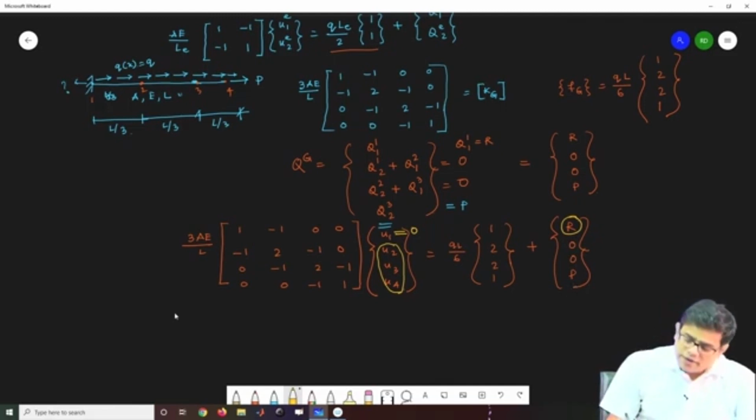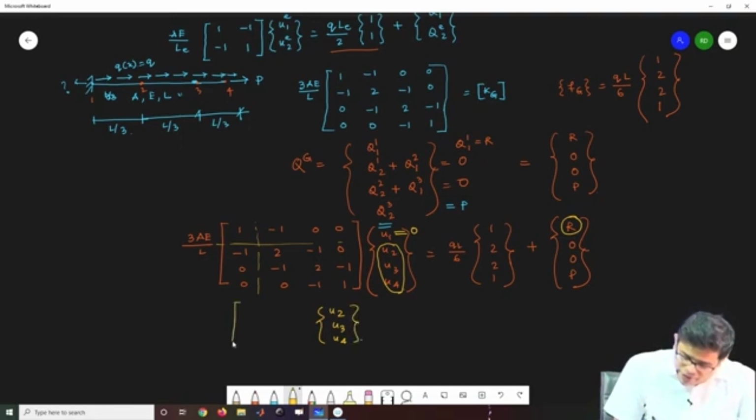So now we can segregate this matrix, and then something like this I can do. I can just take this part of the matrix to this side, and then solve this problem for U2, U3 and U4. So how to do that? So this is my final matrix.